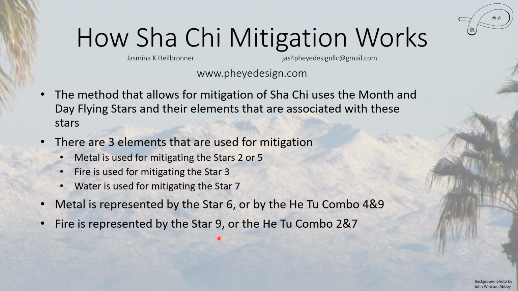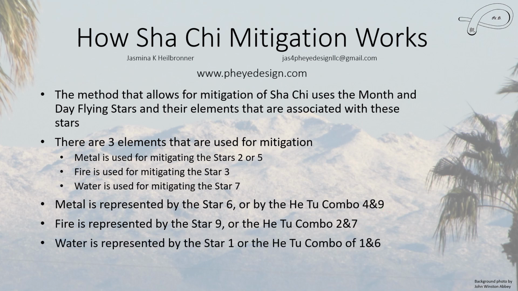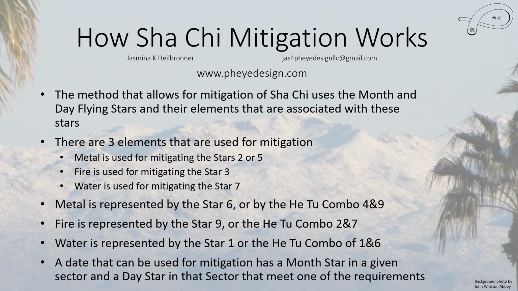Fire is represented either by double star 9 or a combo of 2 and 7, which is the Hetu combo for fire. And this, of course, is the Hetu combo for metal. And water is represented either by 2 stars of 1 or the combo of 1 and 6. And this is, of course, the Hetu combo for water.